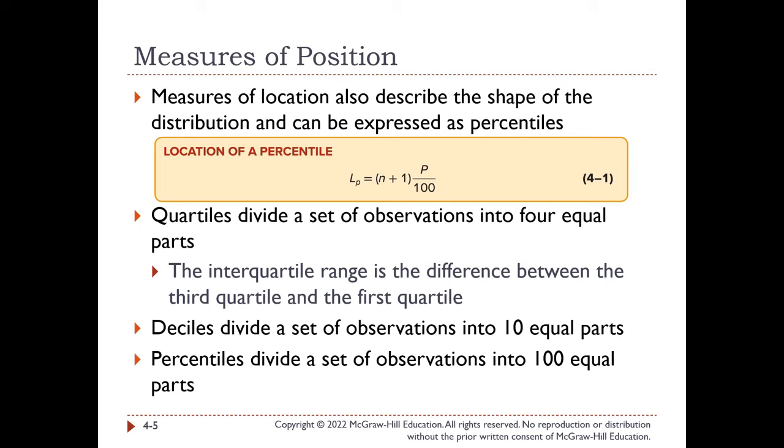So that's what we're dealing with right here, with our big P there. We're going to try and find the location of a percentile. We'll take our little n, which is the number plus 1, and our big P divided by 100.